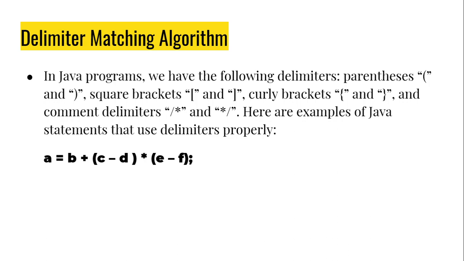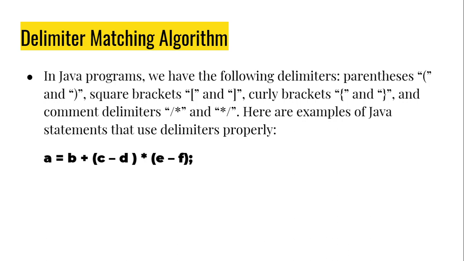So the compiler will wait for the close parenthesis in order to close the statement. So we have the open parenthesis, then C minus D, and then the close parenthesis. So basically, this is a proper way of using delimiters.